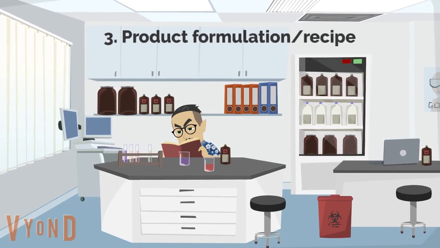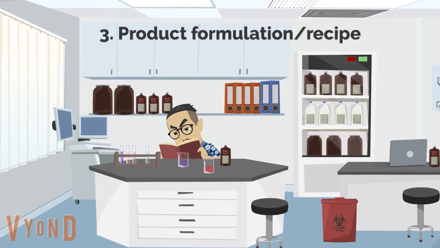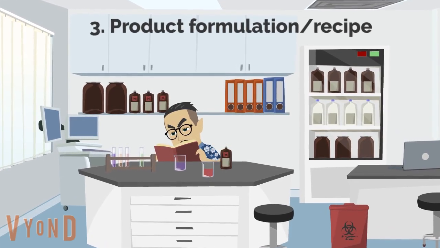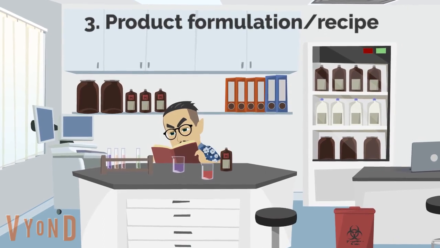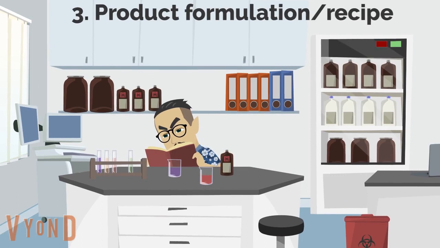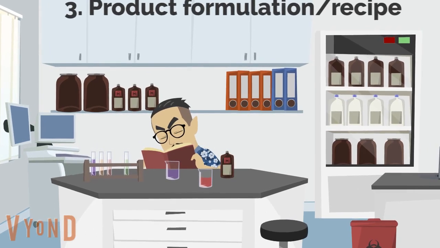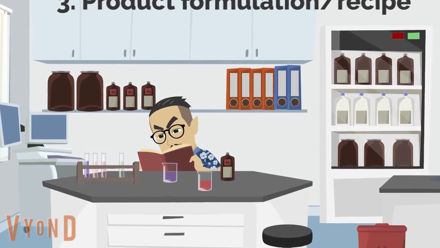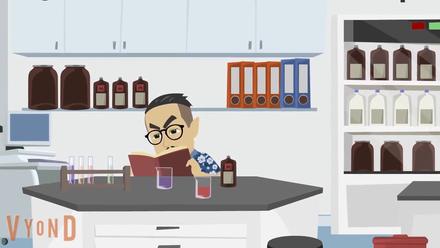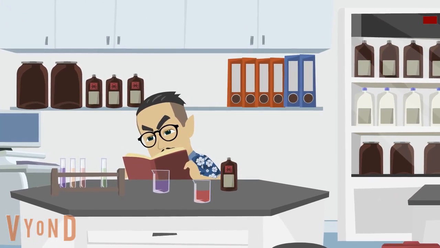Number 3 is about product formulation or product recipe. Each product must have a written documentation of the formula or the recipe that is available for use as a means to assure consistency between batches, between lots, or even between days of production.